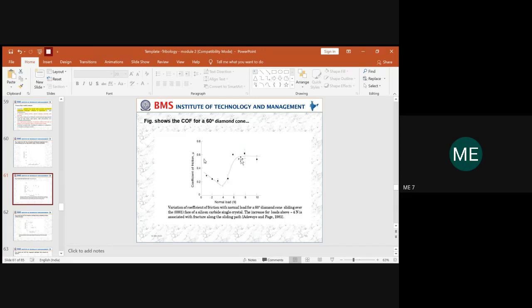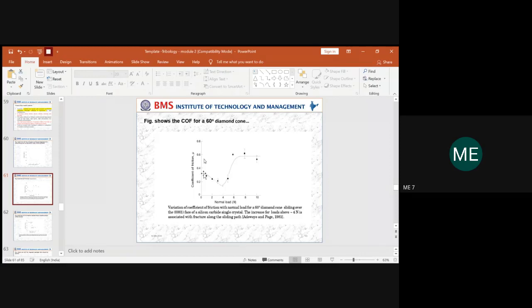The top and the bottom here show the error bars. They show the variation, the standard deviation. For every reading they have taken 3 experiments, 3 trials. So the COF value of this material at normal load of 1 is measured 3 times, and again at normal load 2 it is measured 3 times.